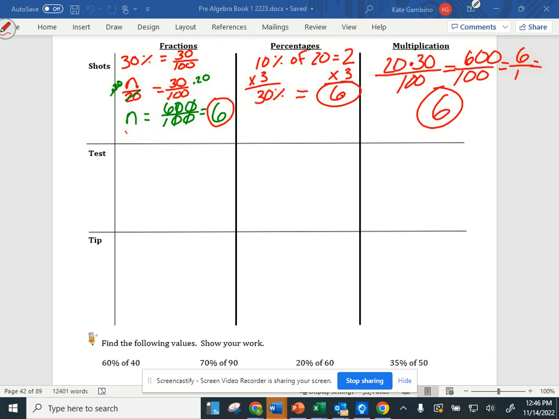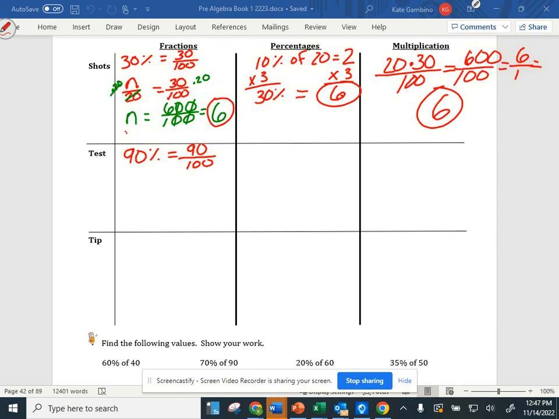So a test is worth 30 points, and she got a 90%. How many did she get correct? So what's her percentage? 90% equals what fraction? 90 over 100.